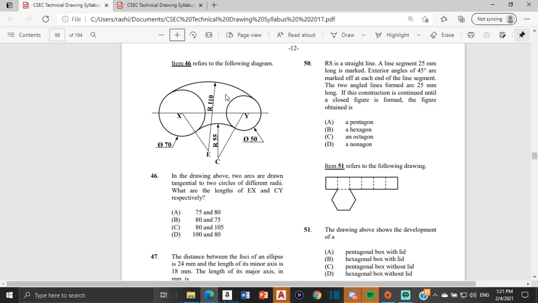The reason we subtract for EX is that EX is an external tangent, and when we have an external tangent to two circles, we subtract the radius. When we have an internal tangent, as this one right here is, we add. So we add the 55 to the 25 and subtract the 35 from the 110, and that's how we end up with 75 and 80.